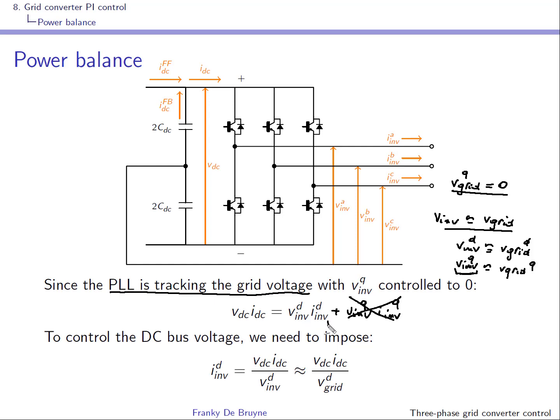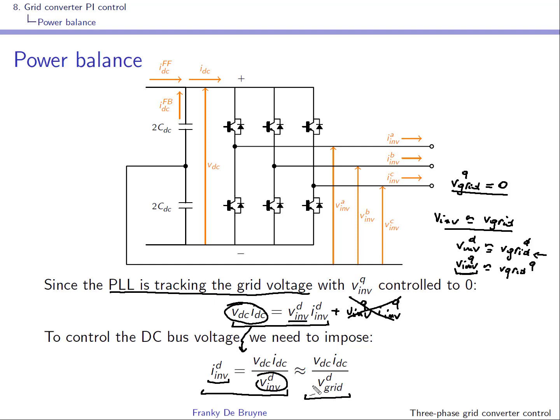Using this equation, we can isolate this D component of the inverter. It's simply taking this one divided by this one, and this is how we obtain this equation here. Here we know that the D component of the inverter voltage is approximately the same as the grid D component, and this is how we obtain this thing over here.